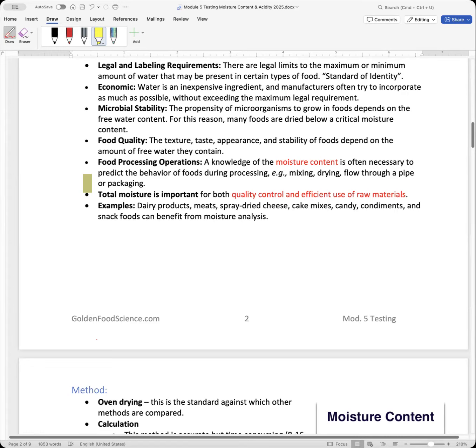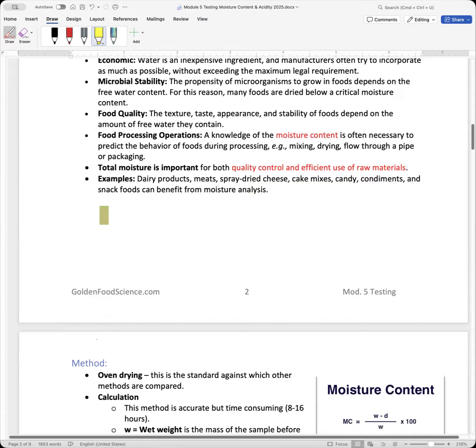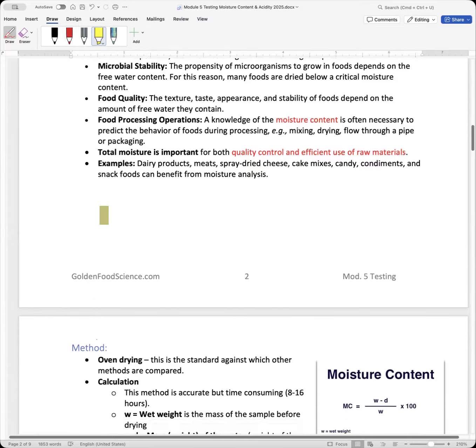Taste requires water, so if it's too dry, we don't taste it as much. Appearance, what it looks like. Food processing operations: if you mix, dry, or flow through a pipe, the amount of water there, how thick it is, will make a difference. So total moisture is important for quality control and efficient use of raw materials.